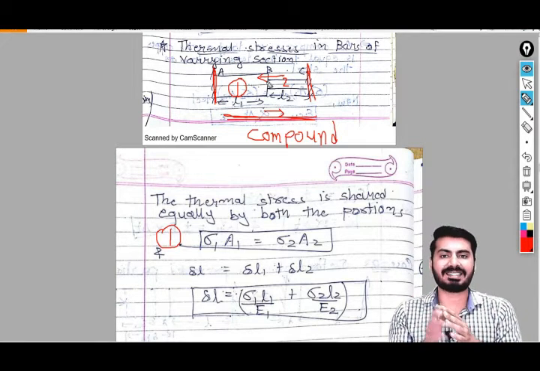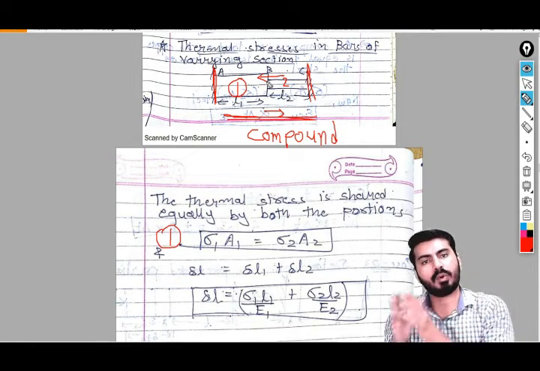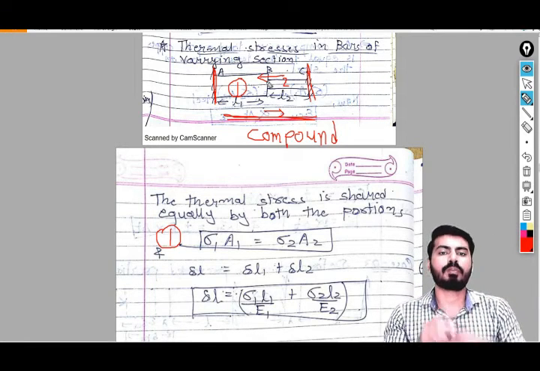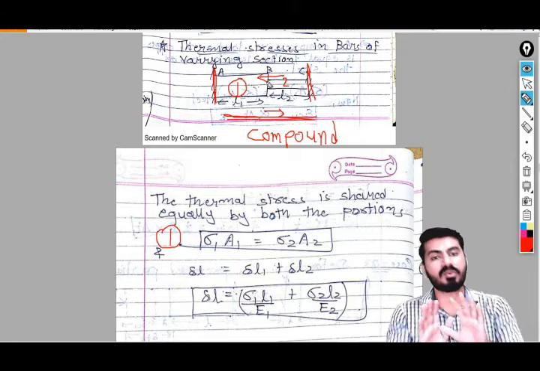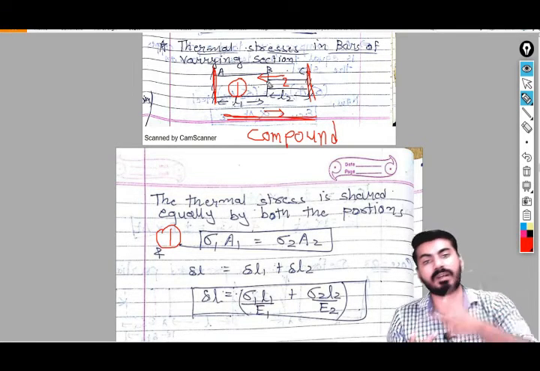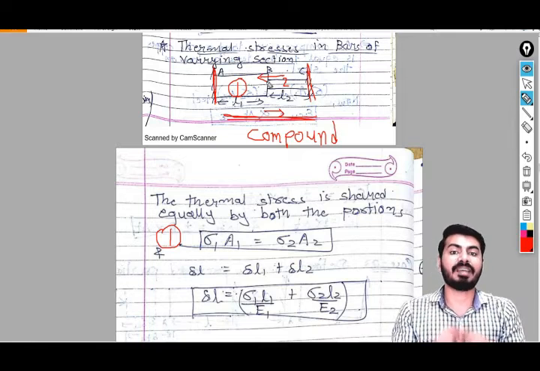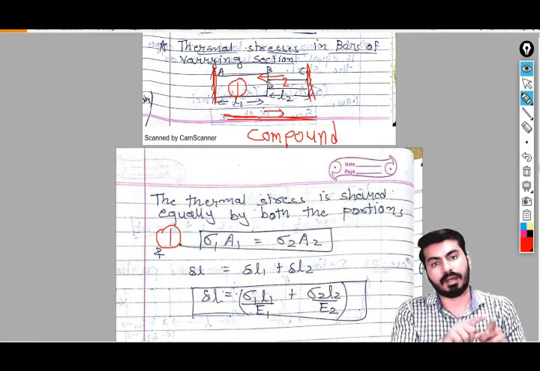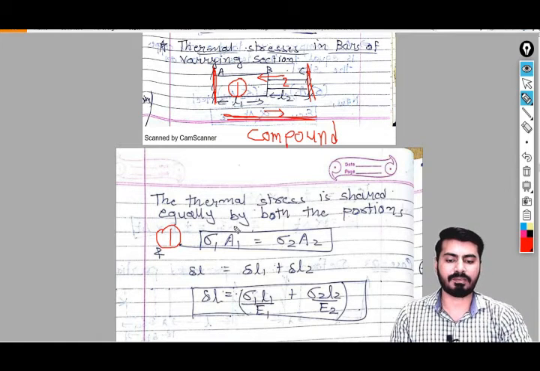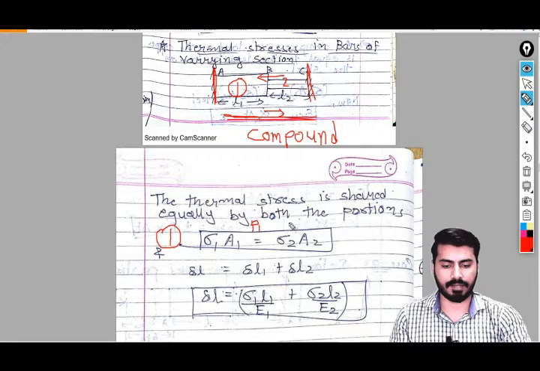Okay, so let's say one bar is trying to move over here and another bar is trying to move in the opposite direction. So both the bars will try to push each other, and that is why the force which is applied by the one bar over the other will be the same as the force by the other bar over the first one. So let's say the force applied by the one bar is P1 and force applied by the other bar is P2.